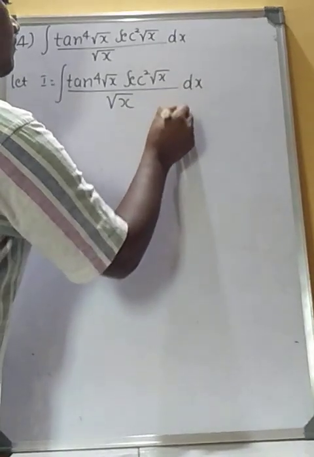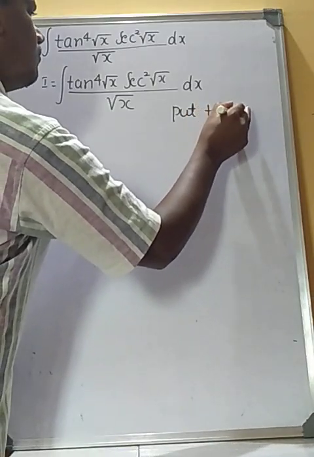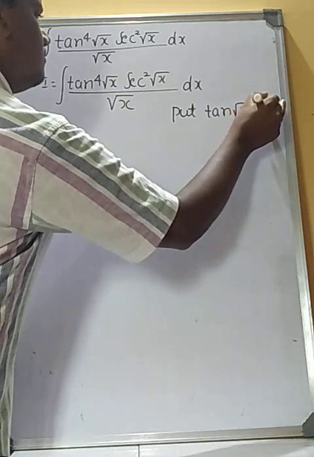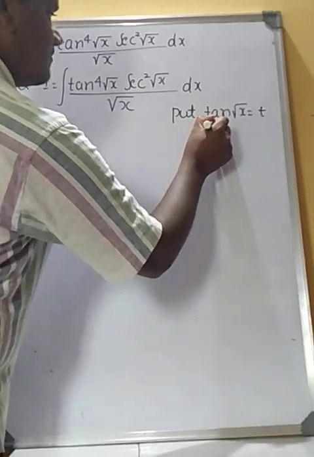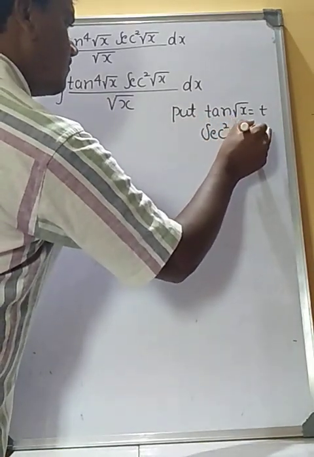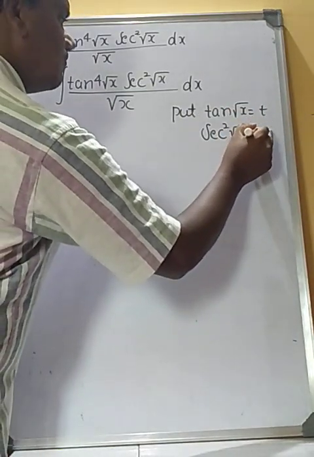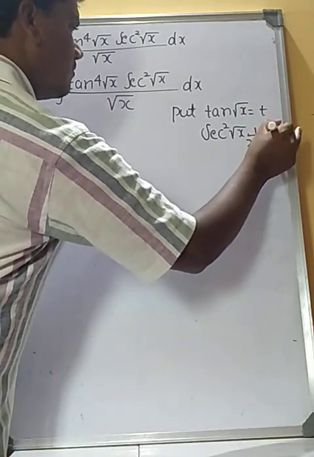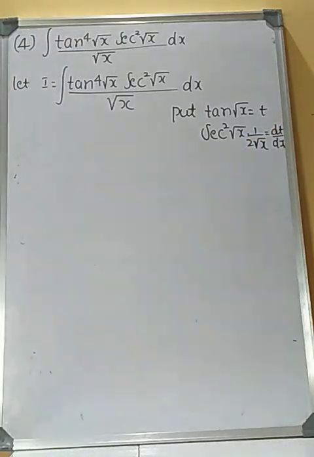So now put tan √x = t. Differentiate with respect to x: sec²(√x) × d/dx of √x, which is 1/(2√x), equals dt/dx.